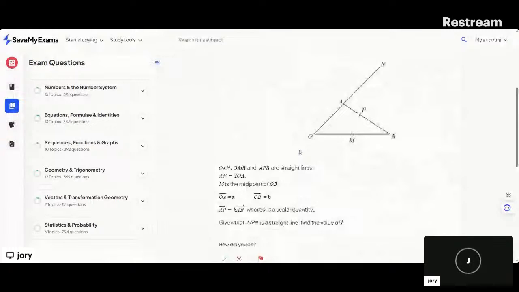This is another ratio question, I think. Yes, it is. Part of AP is part of AB. Find out what part it is.